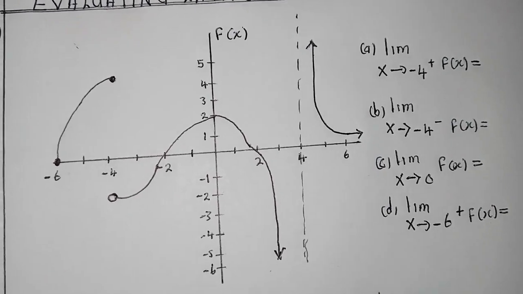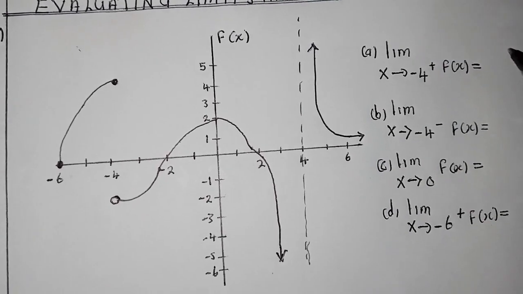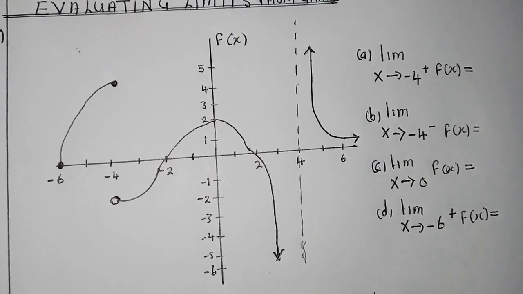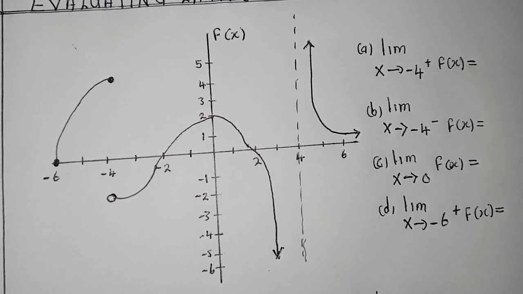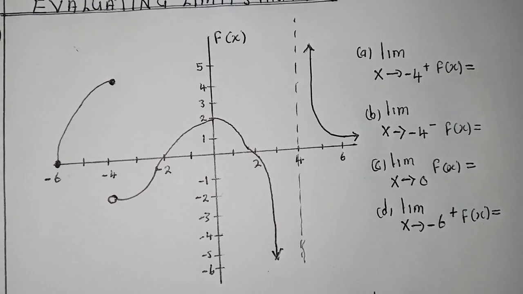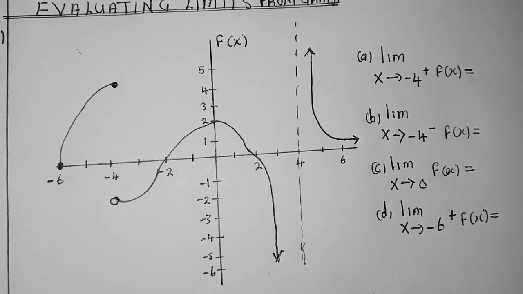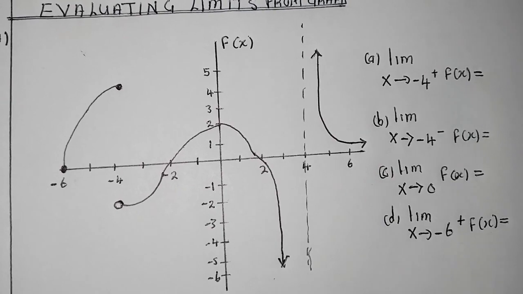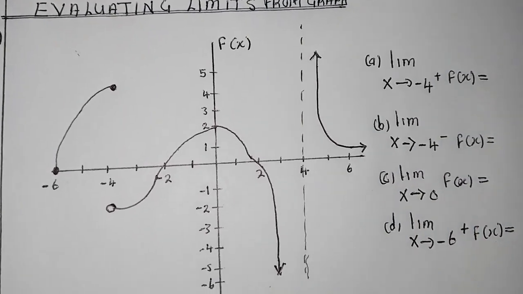So here we have been given a question and they just want us to find if these limits exist or if they do not exist, and if they exist, of what value. By what value could the function y be as x is simply approaching this value.